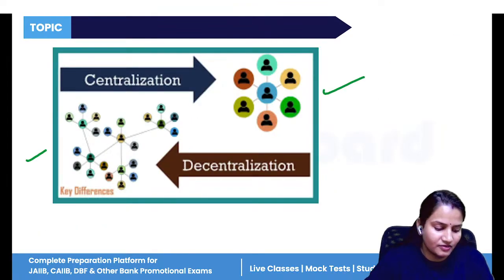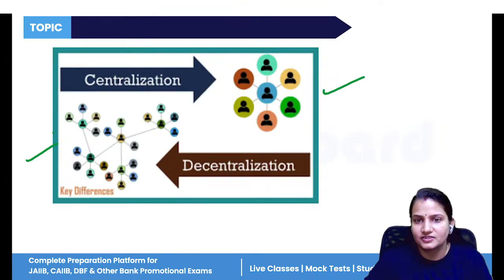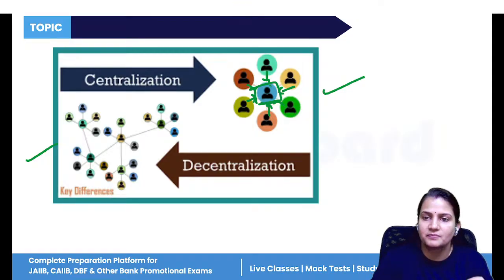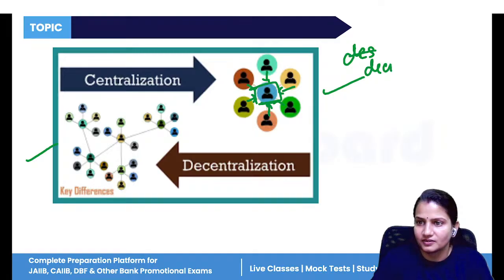Now, through this picture, it will be very clear to you what is centralization and decentralization. In centralization, this is the person sitting in between, and all other persons are following what this person is saying. So the authority, the decision-making power lies with the top person, the senior manager or top manager.